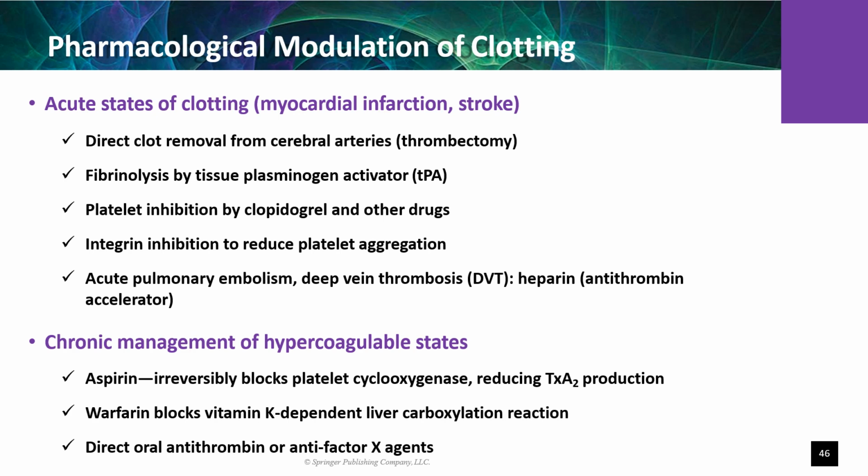Aspirin is something that is given to individuals as a daily regimen at 81 milligrams to help maintain their coagulability. Warfarin or Coumadin is another medication that is often given to people who are prone to developing clotting states.